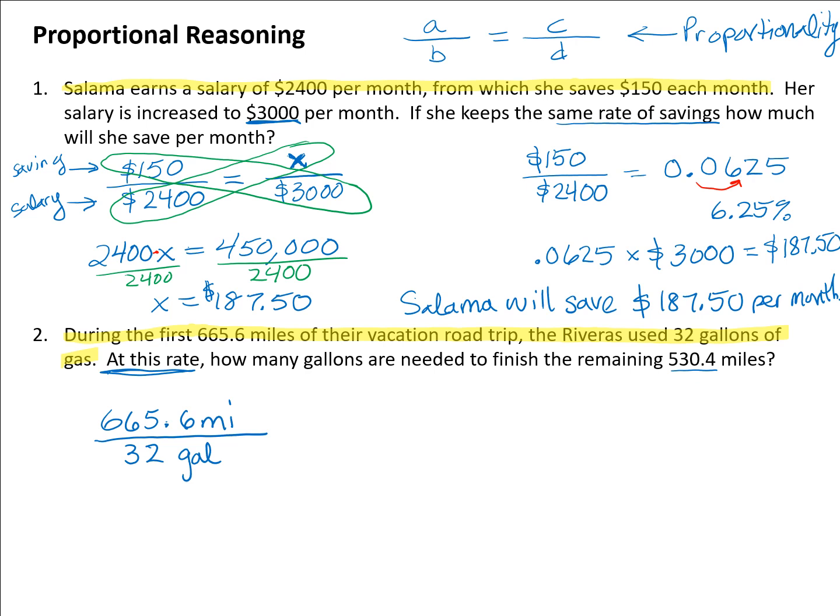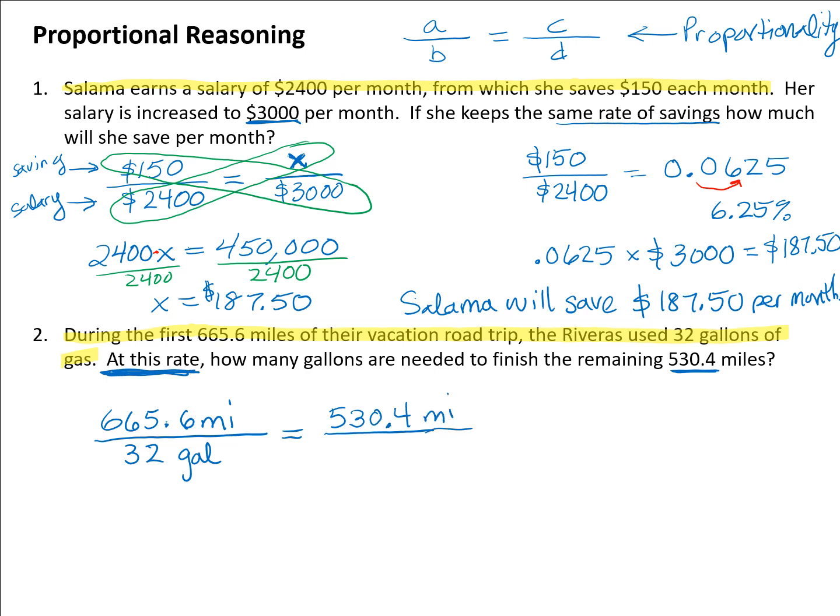Okay, so that's going to have to be equal because I want to continue this rate for proportionality. It's going to have to be equal to the rate I would get if I look at the remaining number of miles. So think about where I put miles. I put miles on the top of my first fraction, my first ratio. So I'm going to put miles on the top in my second ratio.